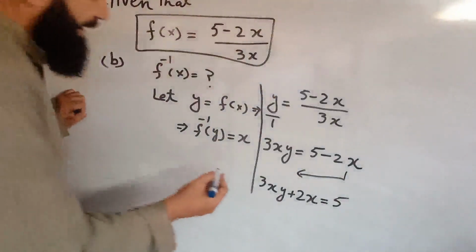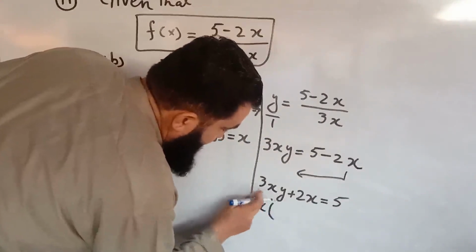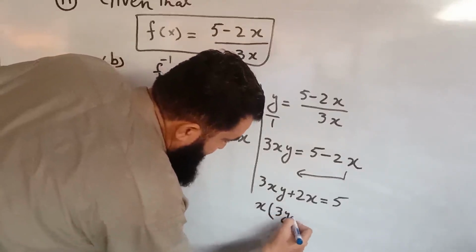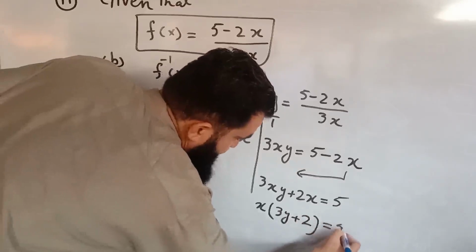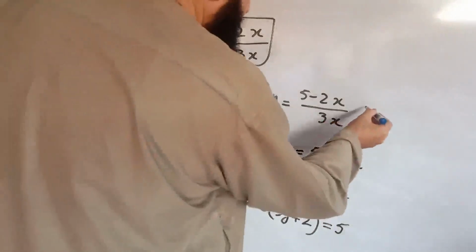We can take x common from here, so x is common, and what is left here is 3y plus 2, is equal to 5. We have to make x the subject of formula.